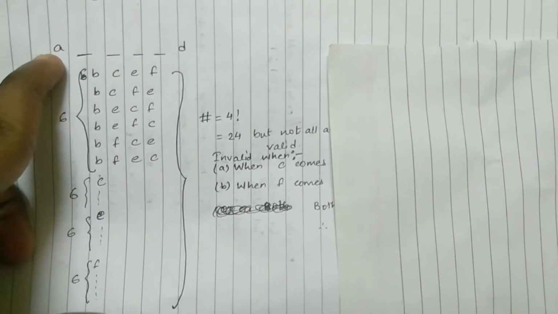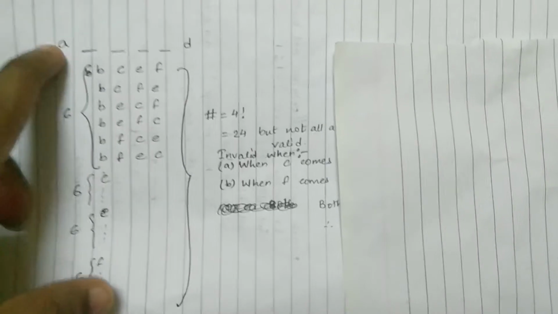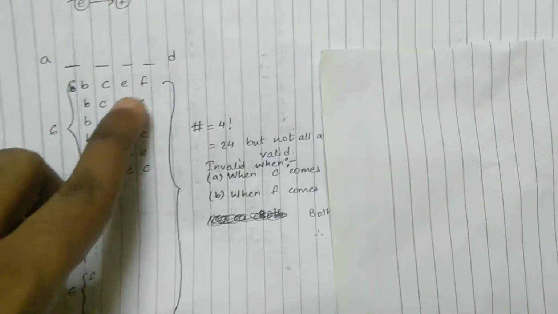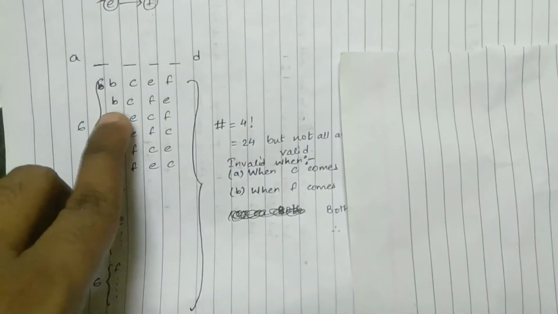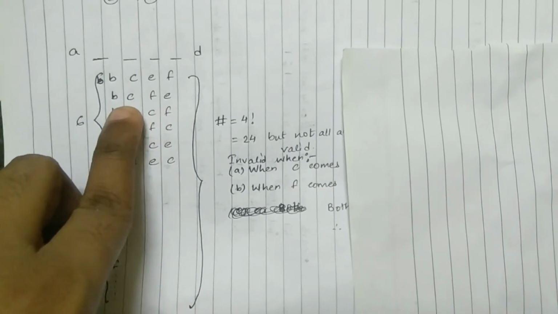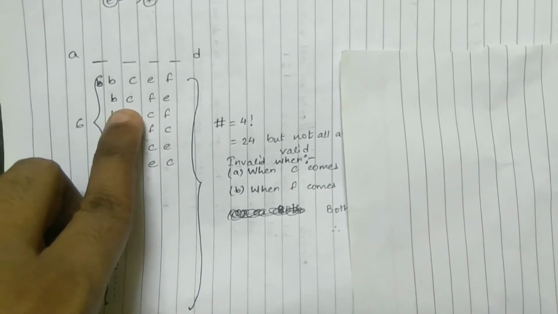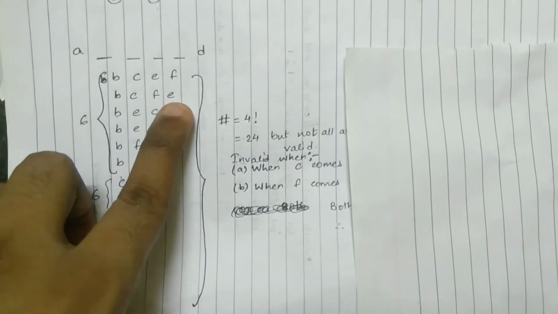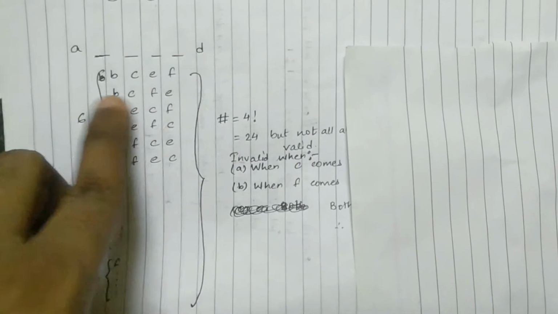The first path from A maintains the order that B is traversed before C and E is traversed before F, whereas this one does not maintain the required ordering of the sequence of nodes. In this, F is accessed before E is accessed, so this path will be invalid.